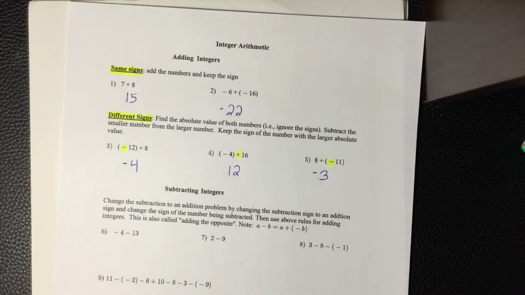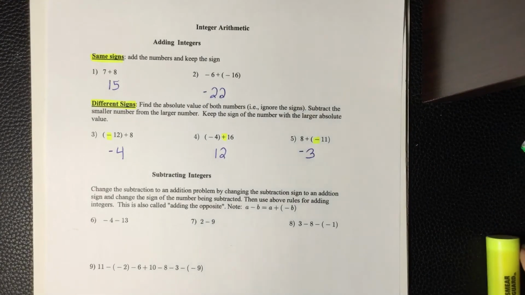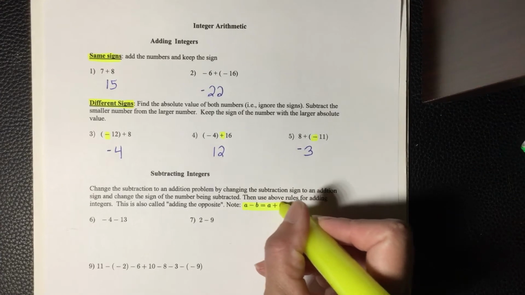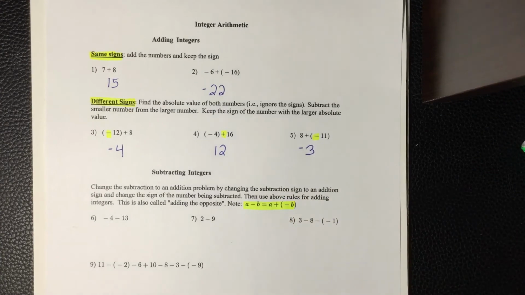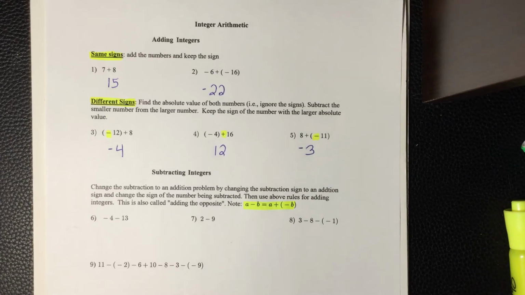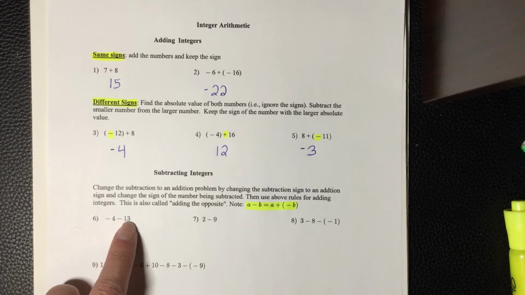All right, now subtracting is a little bit more complicated. Generally what we do is we change it to an addition problem. So we have a helpful hint right here. If I have A minus B, that's the same as A plus the opposite of B. So if I have -4 minus 13, the 13 is actually positive.